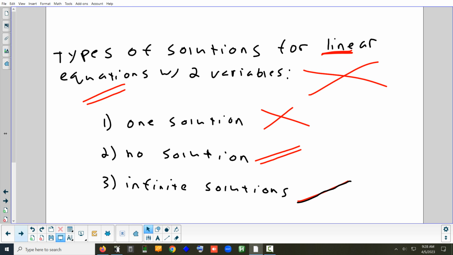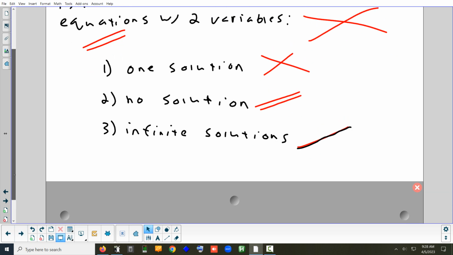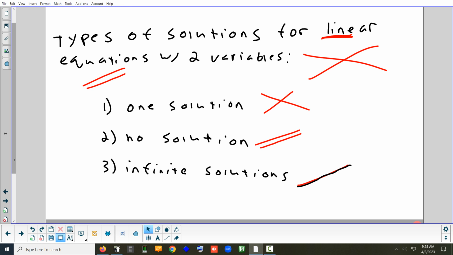We're not going to really focus on the graphing to figure this out. We're going to focus more on the algebra. Right, so we'll try a couple of these special cases, and then we're going to finish up with a 3 variable problem.